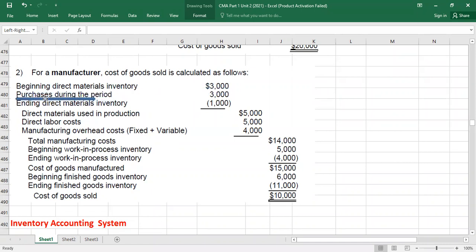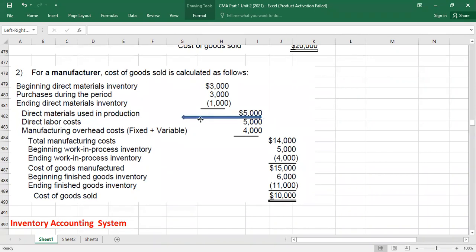Then you will add your purchases during the period, let's assume 3000. Then you will subtract ending direct material inventory, for example 1000. If you take this information, this will give you direct material used in production, for example 5000.